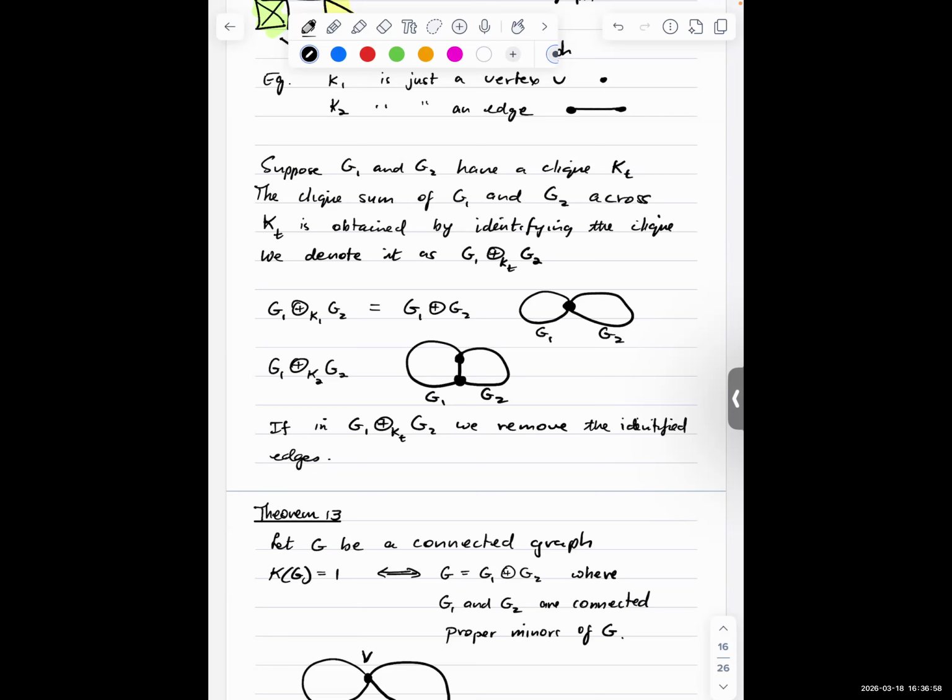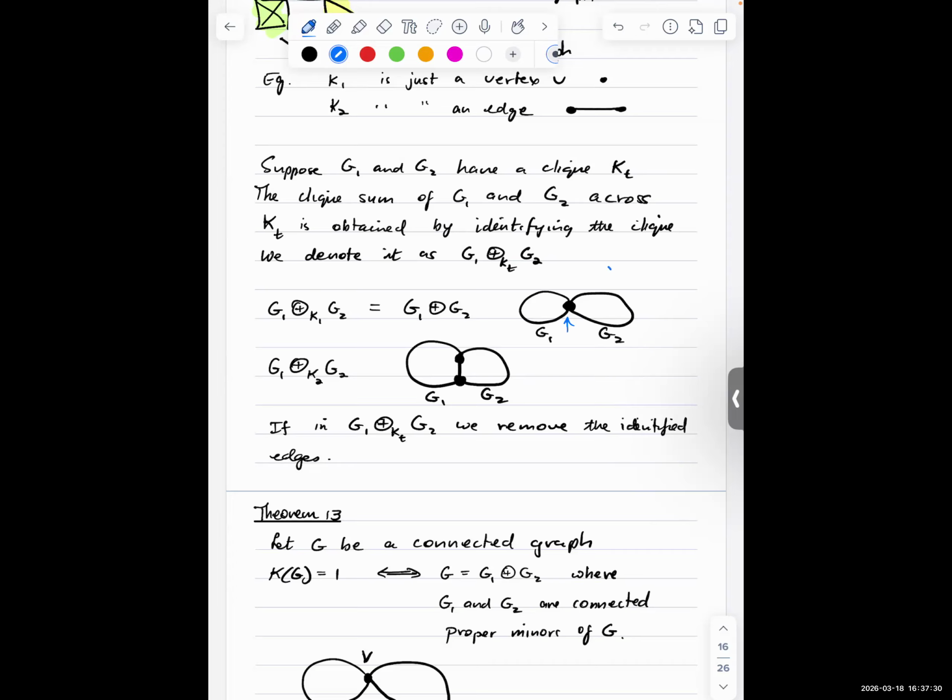So clique sum takes it forward to KT, whereas vertex amalgamation and edge amalgamation, which is actually used in more papers than I thought, is a little bit limiting as terminology goes. Now, you can't delete K1. If you delete K1, you've disconnected the graph. So the one sum and the clique sum across K1 is the same.